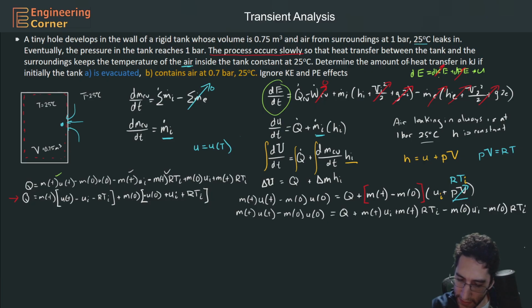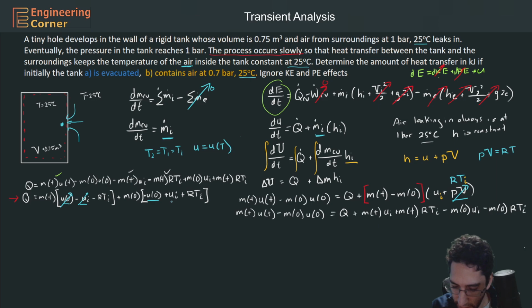It's at 25 degrees C, and it keeps it constant at 25 degrees C. So my final temperature T_2 is equal to T_1, which is equal to T_i, or T_0. My temperature is never changing. So that means my internal energy is never changing. So this internal energy and this internal energy are the same.